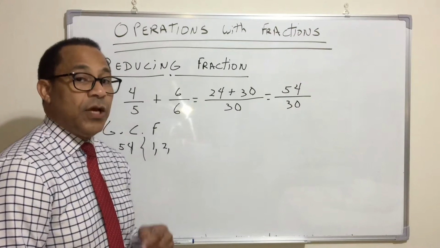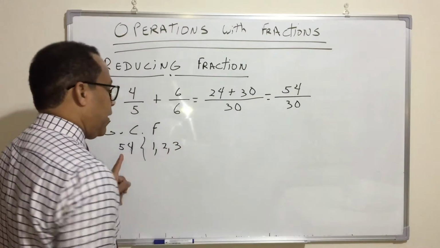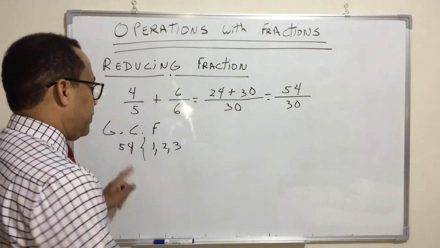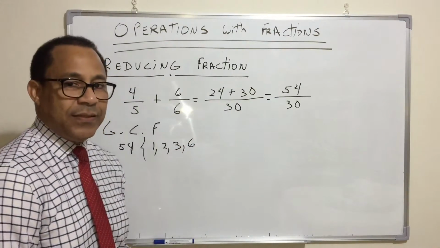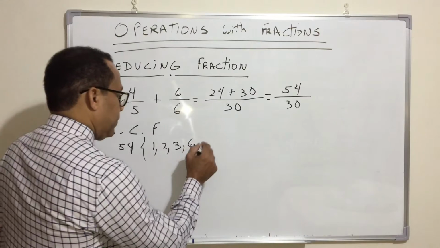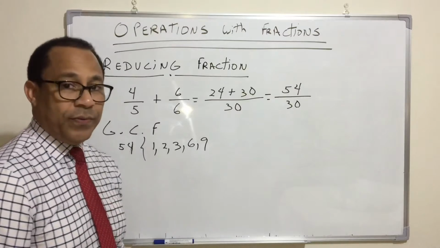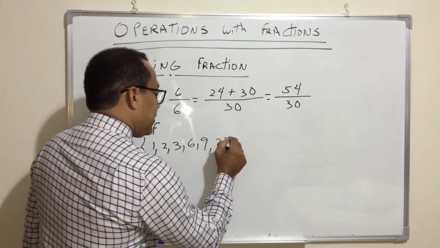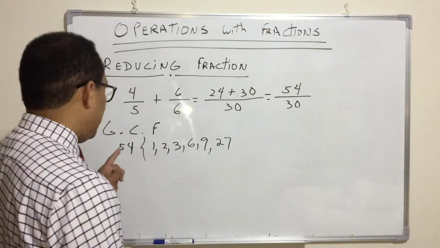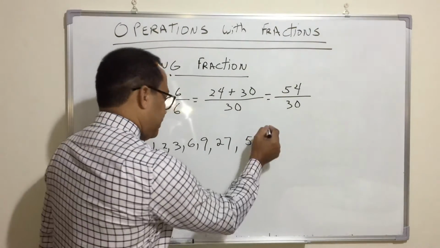Because 2 times 27 is 54. 3, because 3 times 18 is 54. 6, because 6 times 9 is 54. 9, because 9 times 6 is 54. 27, because 27 times 2 is 54. And the last factor is 54.